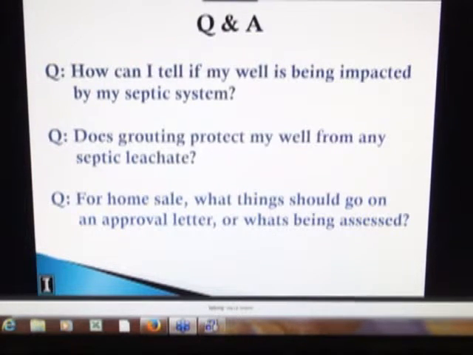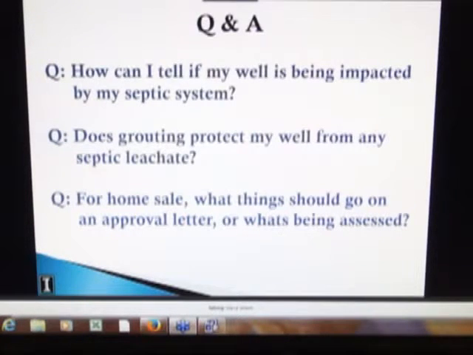Okay. So how can I tell if my well is being impacted by my septic system? I can answer this. If you sample your well annually, which is what we recommend in our class, for nitrate and coliform, and you have issues with septic or maybe a livestock feedlot nearby that's impacting your well, you're going to see coliform and nitrate levels in your well that aren't natural or background.